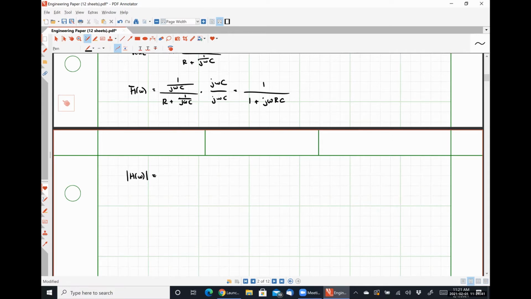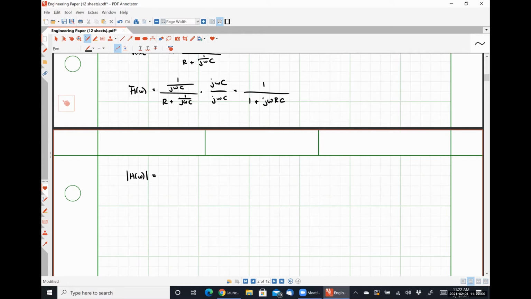So how might I go about determining the magnitude of this in a relatively straightforward fashion? Any thoughts? Can we all agree that the transfer function is a complex number? Let's start there.